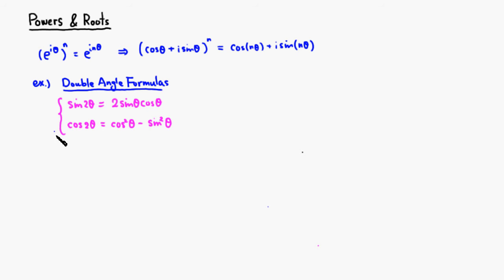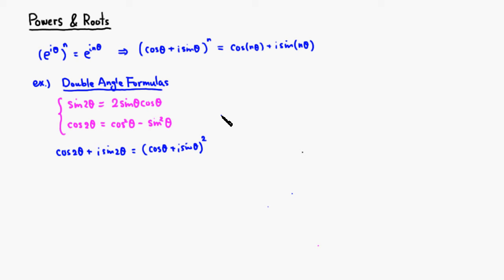We know that cosine of 2 theta plus i sine of 2 theta, since we're doubling the angle, is the same thing as squaring it. So this is the same thing as cosine of theta plus i sine of theta, squared.